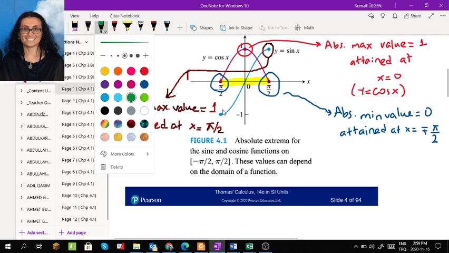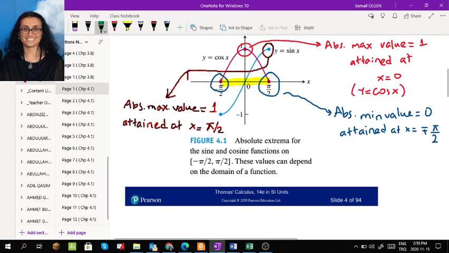The absolute minimum value of sine x is negative 1, attained at x equals negative pi over 2. As you see, the domain is between negative pi over 2 and pi over 2.